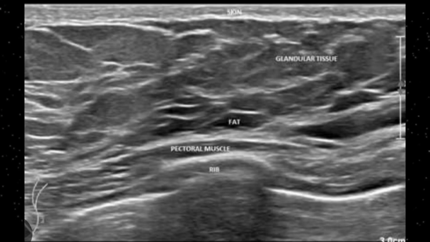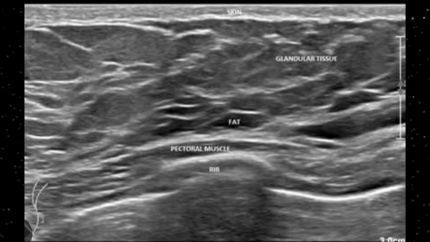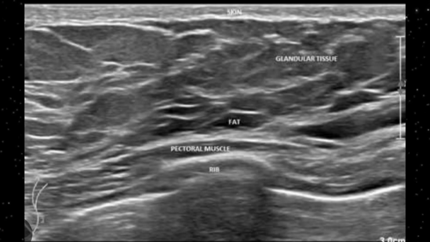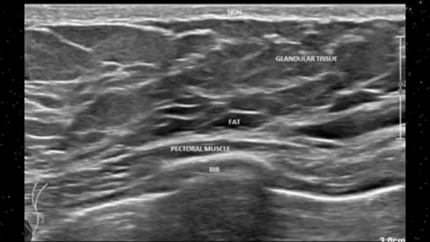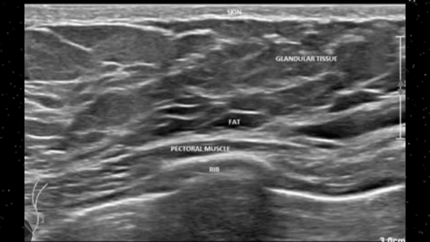You can appreciate the chest wall, then concentrate on the appearance of the pectoralis muscle, and after that look for the fatty and the glandular composition. On this image the fat can be easily seen, and the glandular part can also be seen.